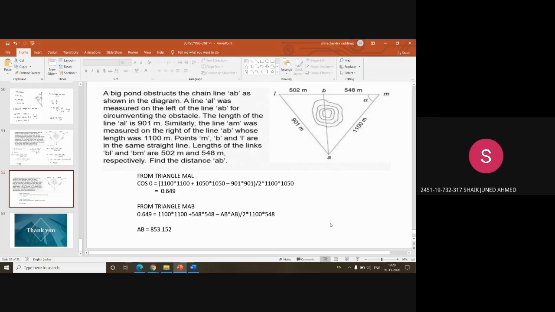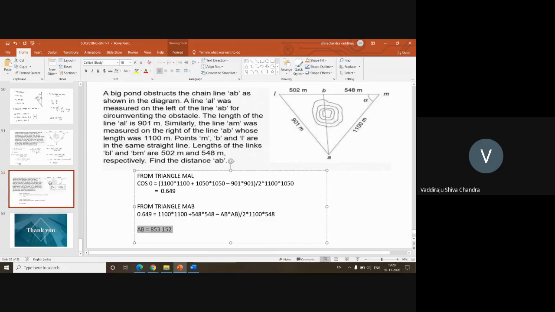Correct, sir. So this is how you need to calculate.